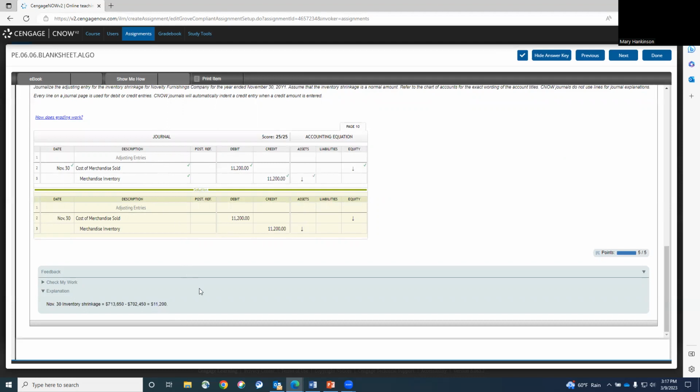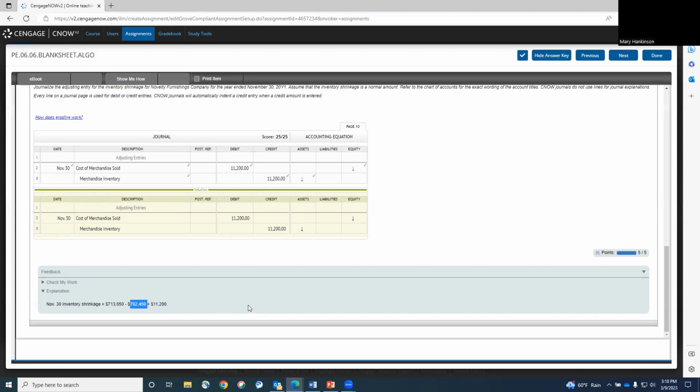Because what's happening right now is, according to your inventory system, your ledger states that your inventory balance is $713,650. You did a physical count of your inventory and saw that it was only $702,450.